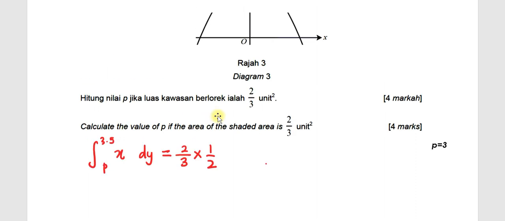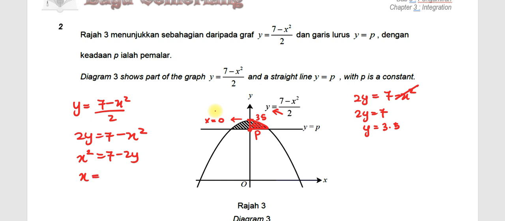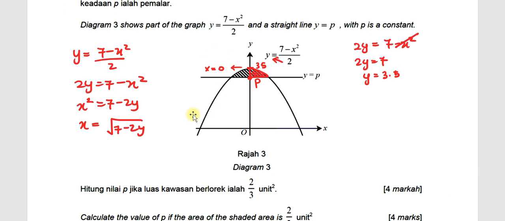So what is your x, by the way? Kita cari, kita modify equation. Y is equal to 7 minus x square over 2. So 2y equal to 7 minus x square. And then your 7 minus 2y is equal to x square. So x is equal to square root 7 minus 2y. Okay?